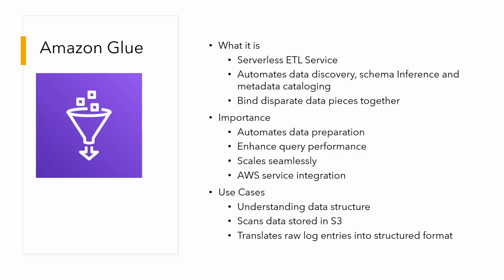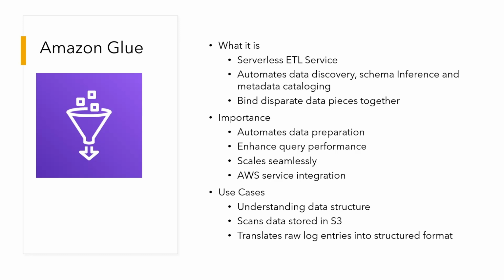So we see that Glue plays an important role in our architecture because it transforms messy raw log data into a structured and manageable format, which will enable seamless, cost-effective querying with Athena, which will in turn ensure that we can derive maximum value from the underlying data.